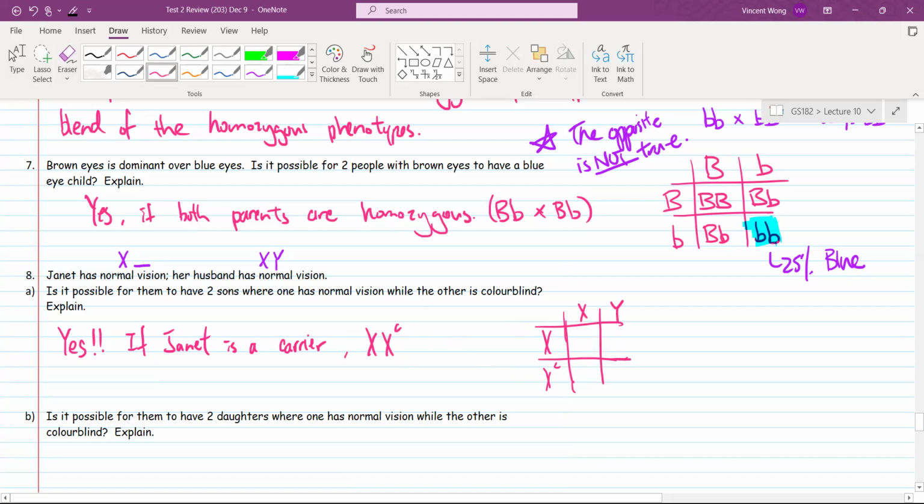So we are focusing on the sons. You can see here for the son, this one is going to have normal vision. This one is going to be colorblind. Never mind the daughter, because it's not asking about the daughter. So this is normal. This is colorblind.